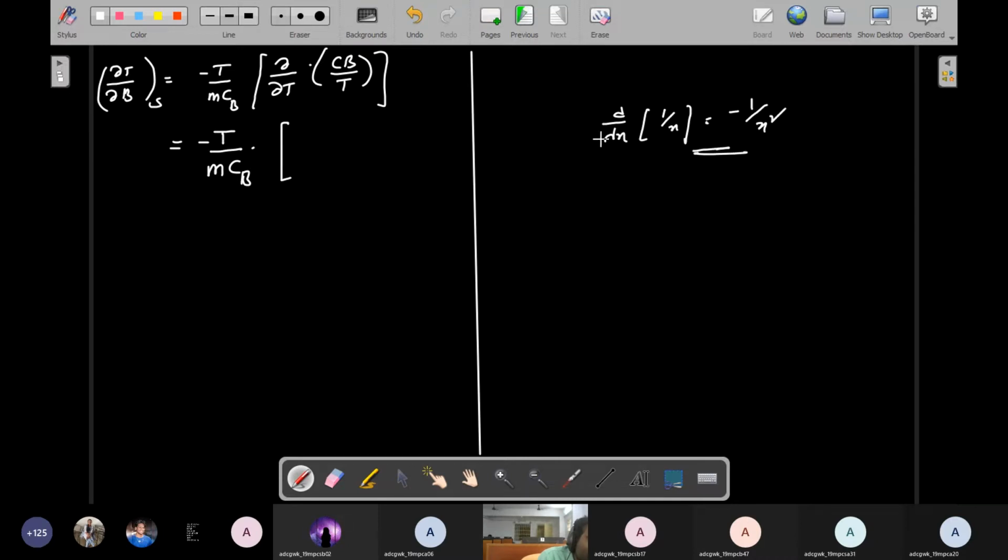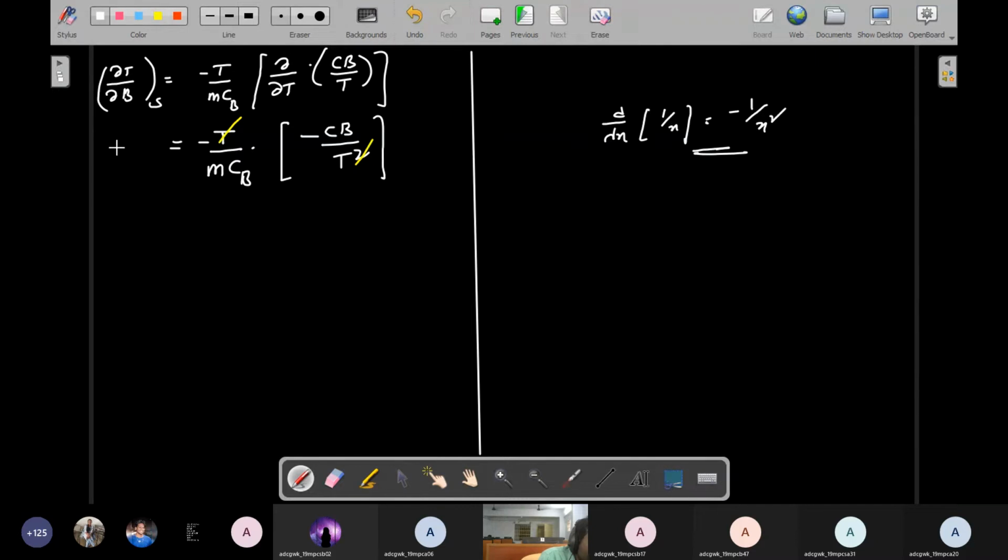So d by dT of 1 by T is equal to minus 1 by T square. So this value is represented by minus C divided by T square. Understand? Simply, here one T will be cancelled and one T will be cancelled.